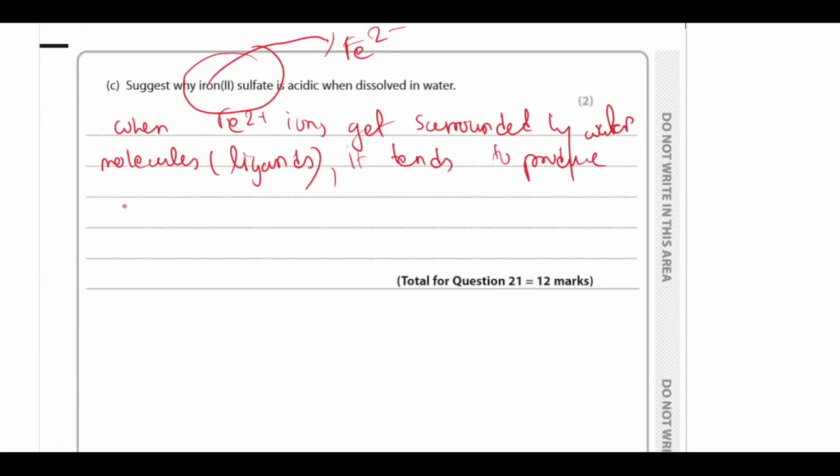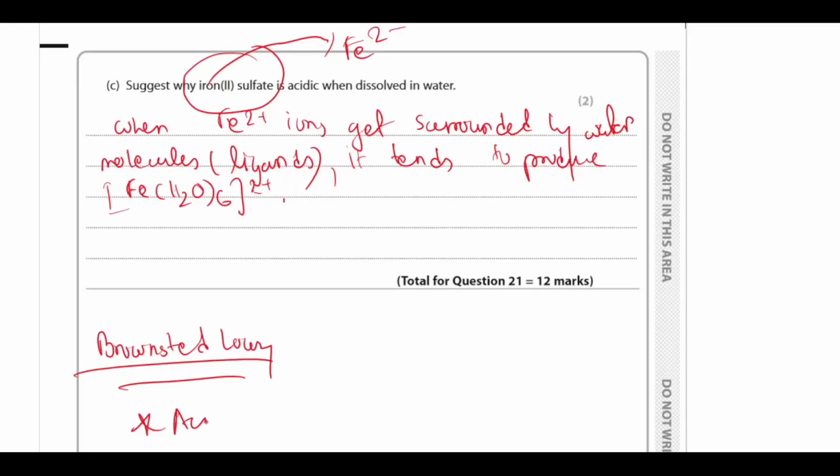hexaaqua iron(II) complex. So something like this, [Fe(H2O)6]2+, right? Now the main thing is, what do we know according to the Bronsted-Lowry theory? We know that an acid is a proton donor, right?